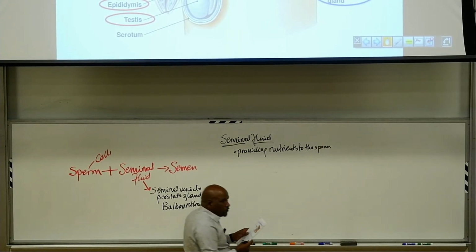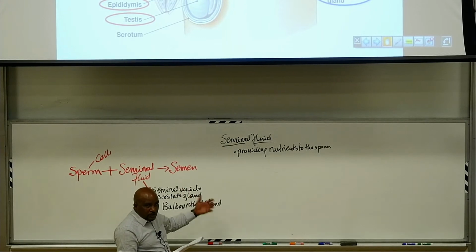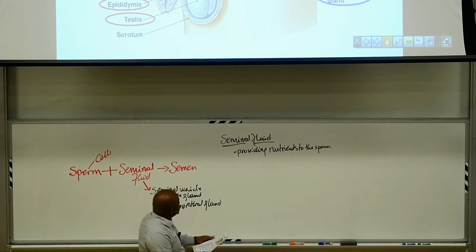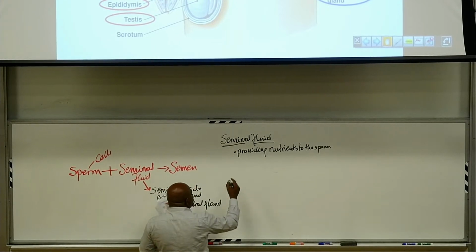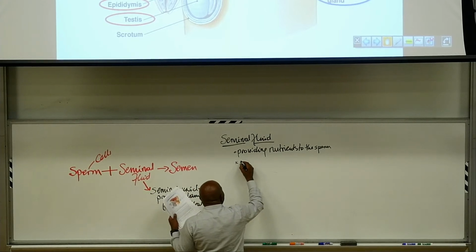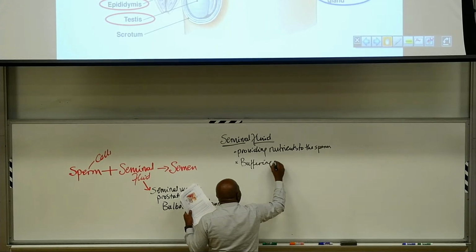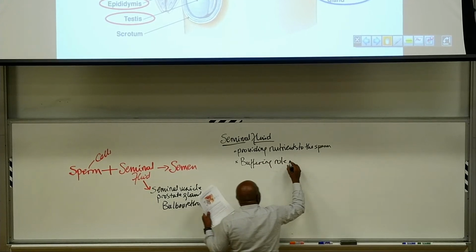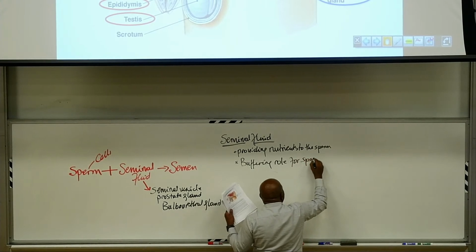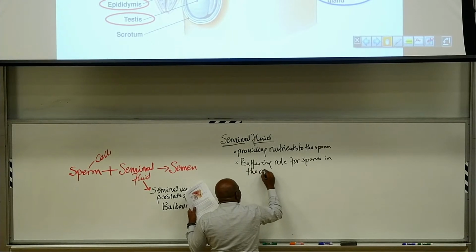It has several components which are important for the sperm to nurture itself from after production to the process of ejaculation. The seminal fluid is also providing a kind of buffering role for sperm in the acidic environment of the vagina.